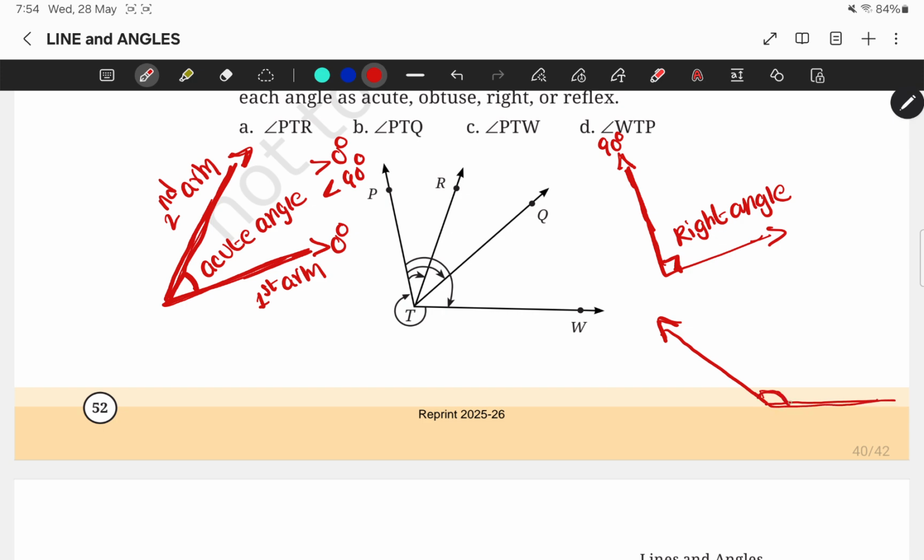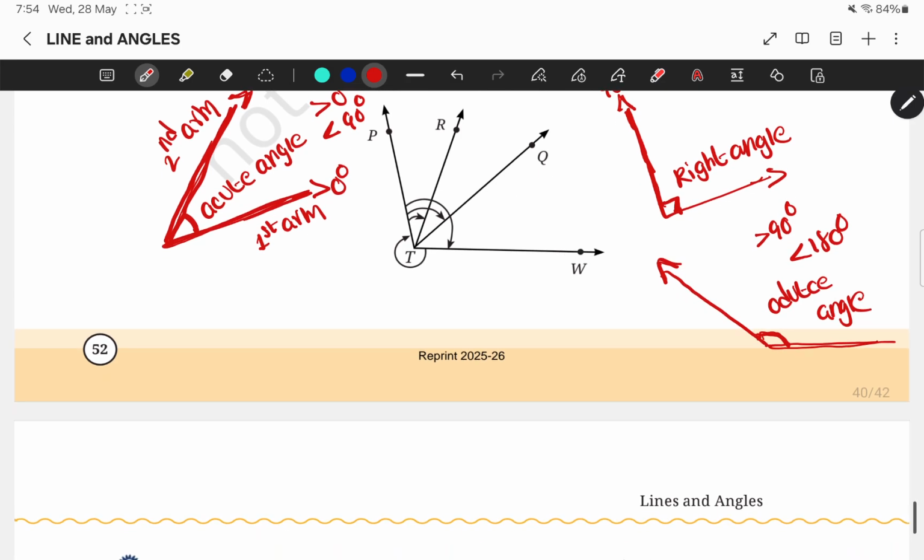So this angle is known as an obtuse angle. It is greater than 90 degrees and less than 180 degrees. This is known as an obtuse angle.